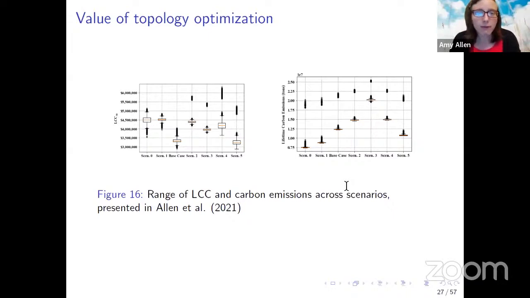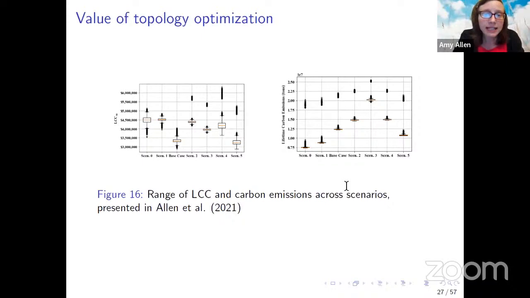Another important result from this analysis was quantifying the value of topology optimization. For these same scenarios as described earlier, I've plotted here the variation in life cycle cost and also in lifetime carbon emissions for each of these scenarios.